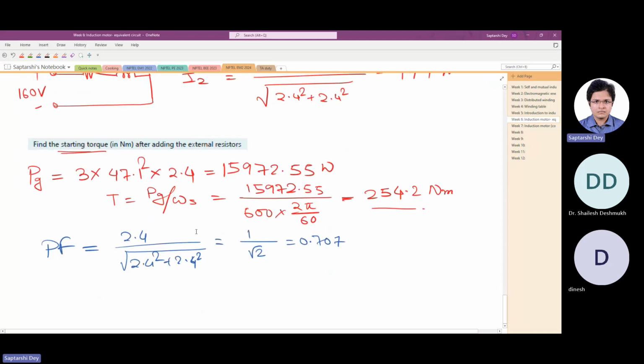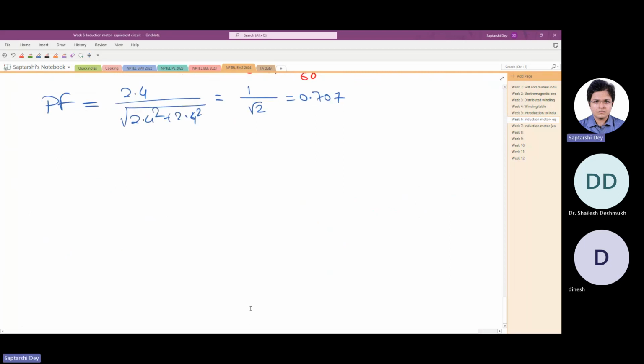Just to give you one idea, see, for a DC machine this is very easily understandable.